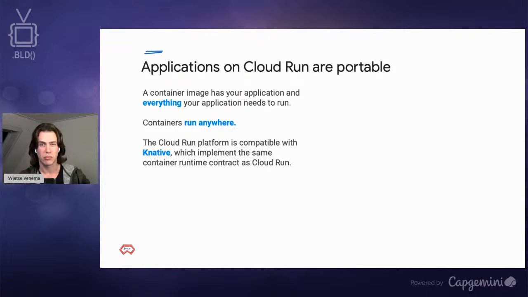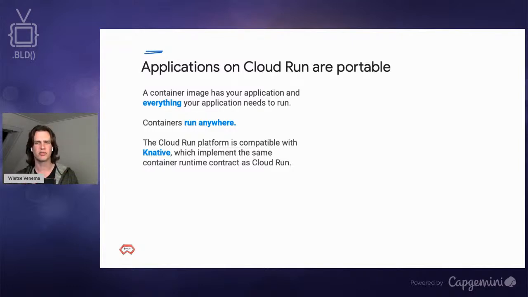So applications on Cloud Run are portable in two ways. First, there's containers. Well, you already learned from the beginning of this session that containers can run anywhere, which makes your application inherently portable if you don't start depending on something that's proprietary and only on Google Cloud, like Firestore. And the platform Cloud Run itself is API compatible with Knative.